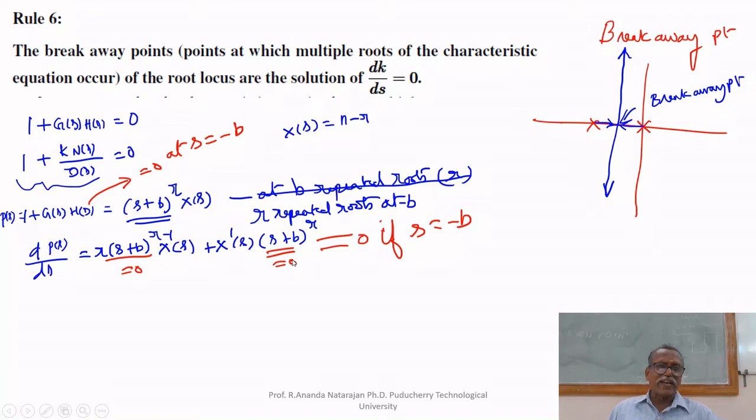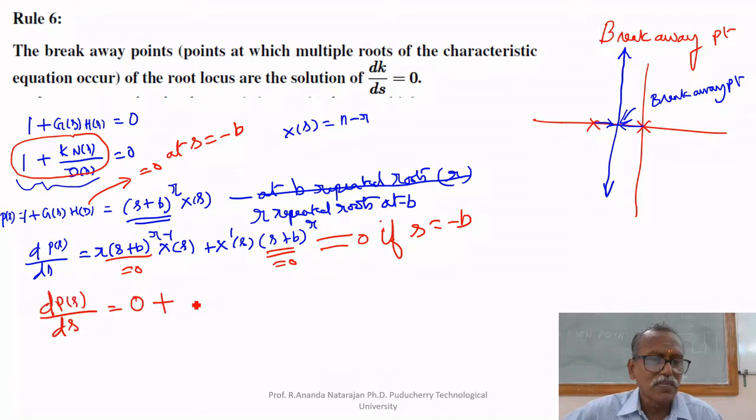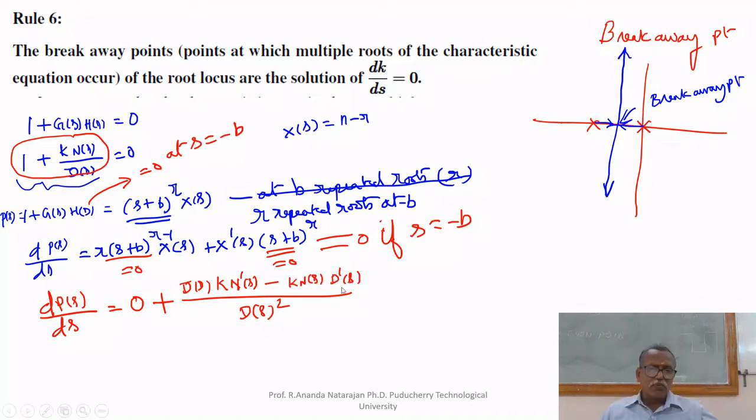Let us differentiate this. This is the characteristic polynomial. If we differentiate that, what is dP of s by ds? 1 becomes 0, plus [D of s times K N dash of s minus K N of s D dash of s] divided by D of s whole square, equal to 0 at s equal to minus b.